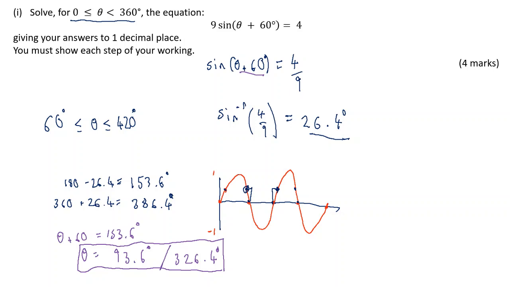You should find with your calculator an answer that's super close to 4. It's not exactly 4 because of the rounding, but it's super close to 4, which means these solutions are correct to 1 decimal place. Okay?